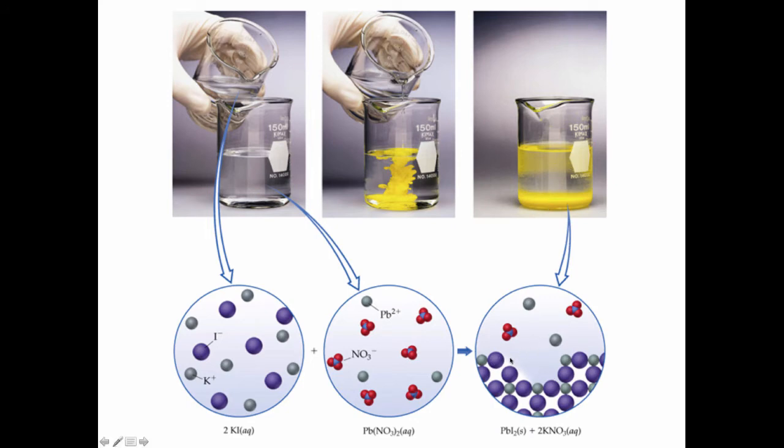On an atomic level, once the reaction has taken place, we still have some potassium ions and some nitrate ions floating around in solution, but then we have an ionic compound, lead 2 iodide, which consists of formula units of 1 lead 2 plus ion and 2 iodide I minus ions in a normal ionic compound type of array.